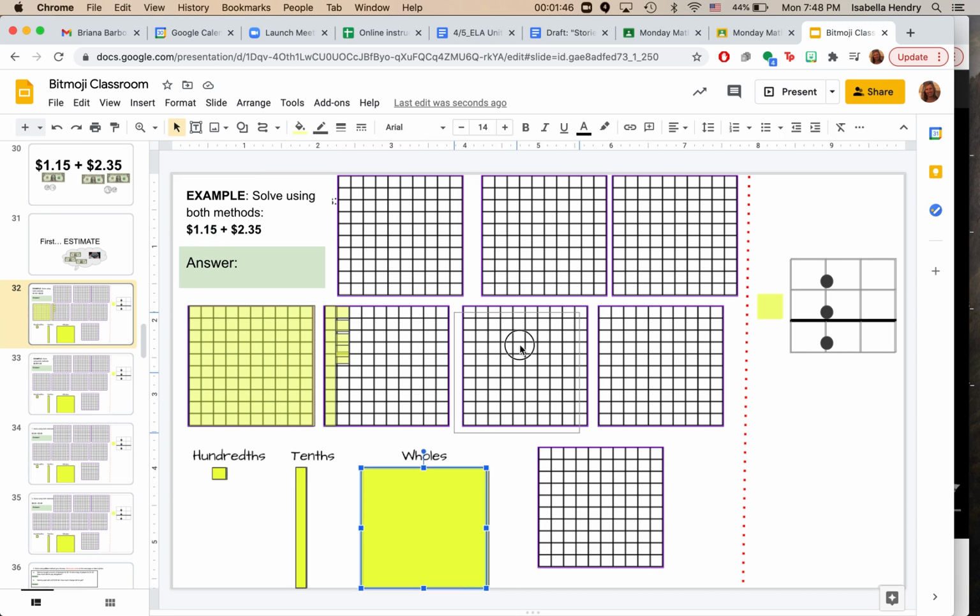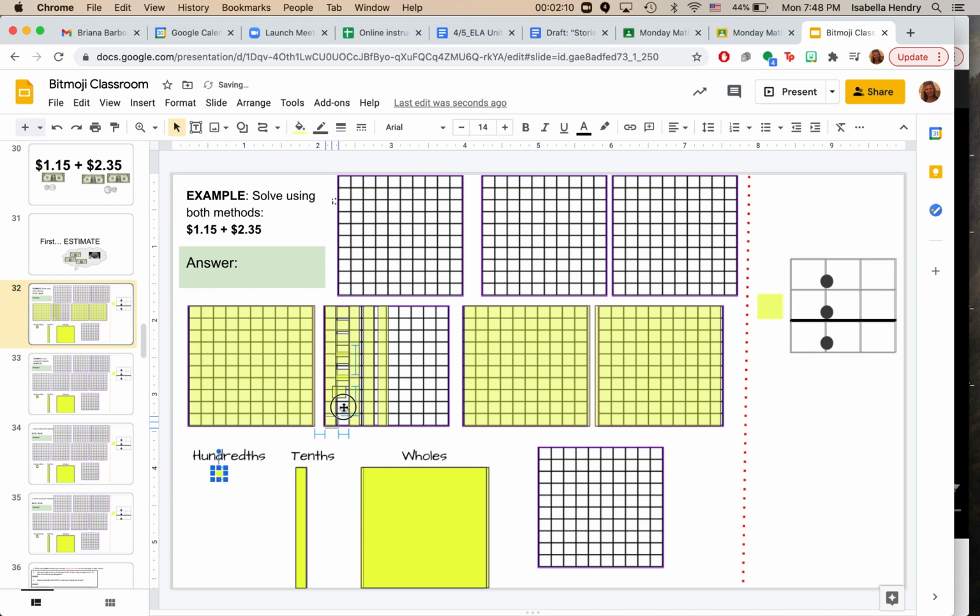Now we're going to add some more. So we're going to add 2 wholes, and then we're going to add in an additional 3 tenths, 1, 2, and 3, and 5 hundredths, 1, 2, 3, 4 and 5.